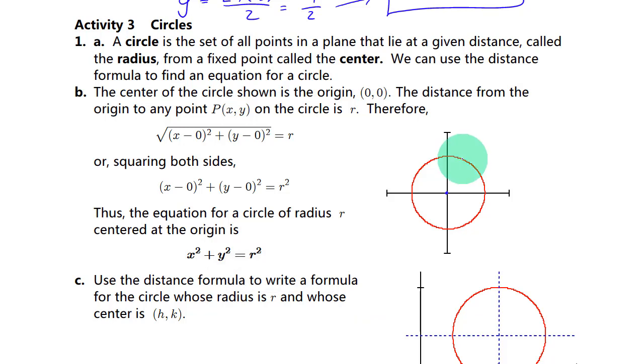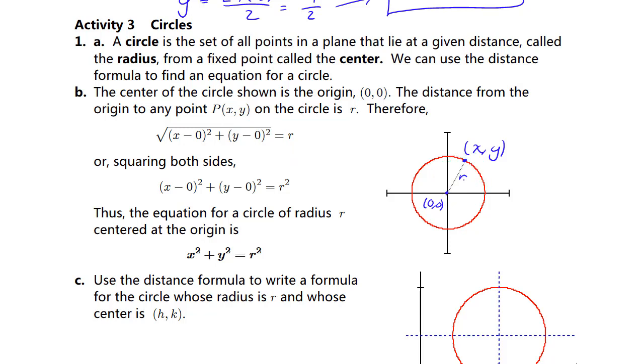So let's say this is a point over here, your point P, which has coordinates x, y. The distance from here to here you can get using the distance formula, because those are your points, 0, 0 and x, y. So x2 minus x1 is just x minus 0, and y2 minus y1 is y minus 0. And that distance should be equal to the radius, r.